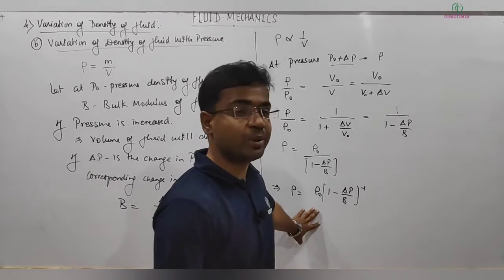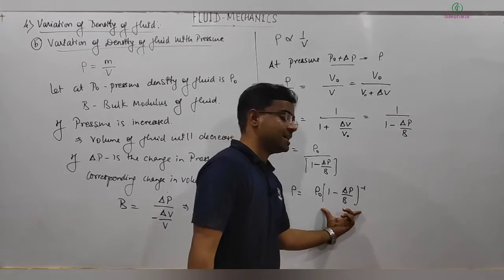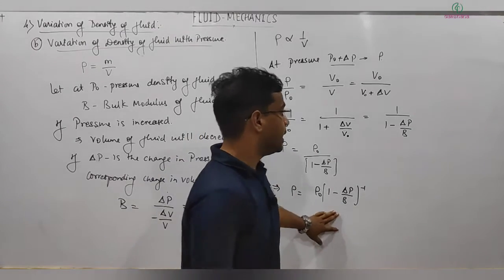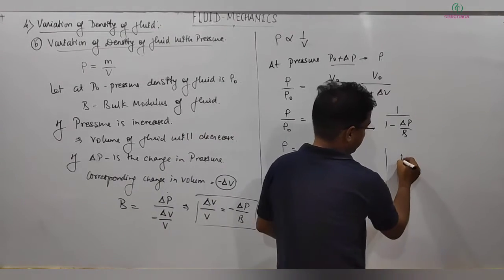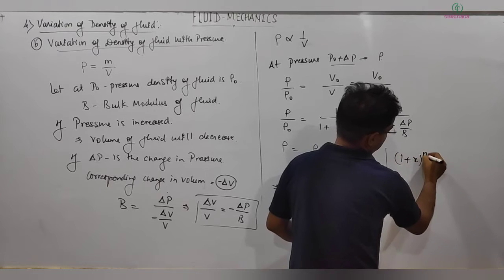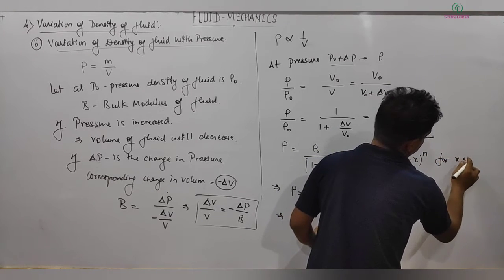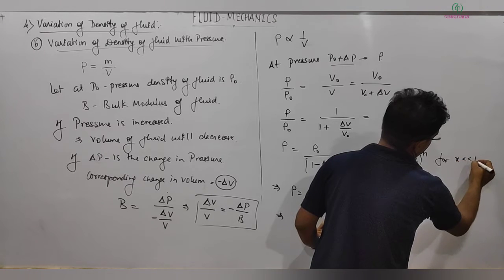Because NEET students, you might be having problems with understanding this expansion. In that situation, one way is I am writing 1 plus x raised to power n, for x very less than 1.